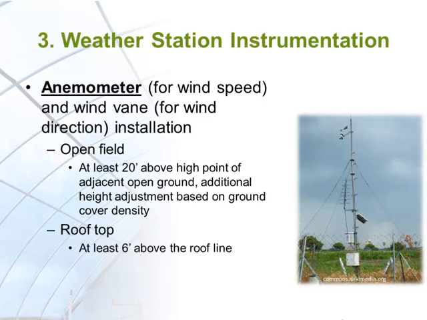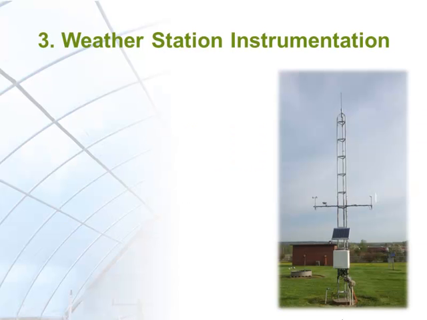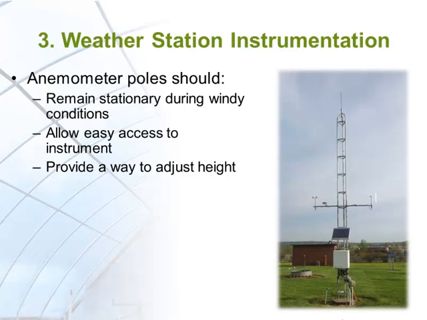Rooftop installation needs to be at least 6 feet above the roof line. Anemometer poles should remain stationary during windy conditions, allow easy access to the instrument, and provide a way to adjust height.